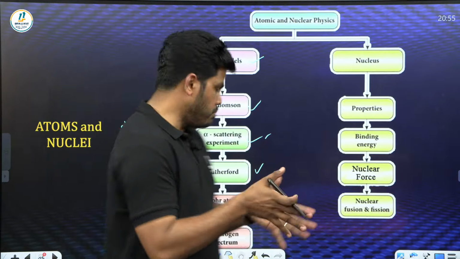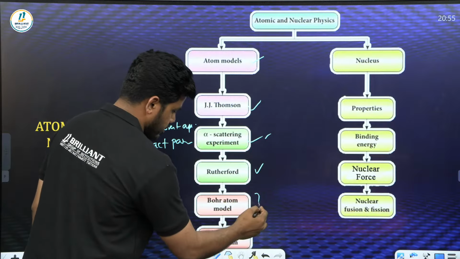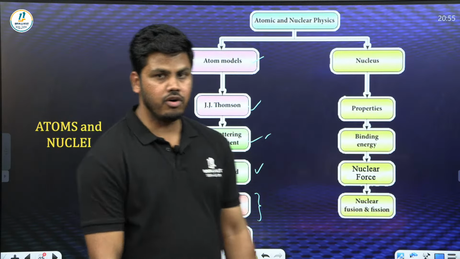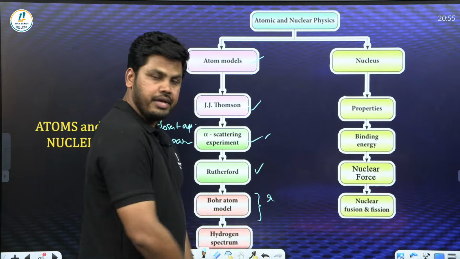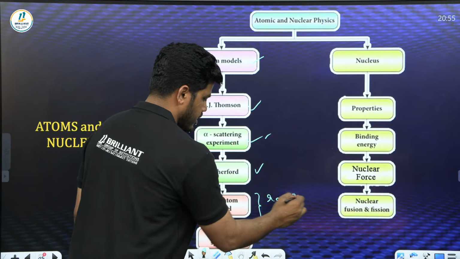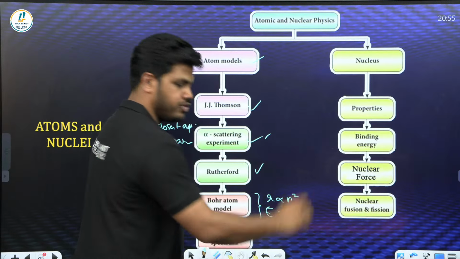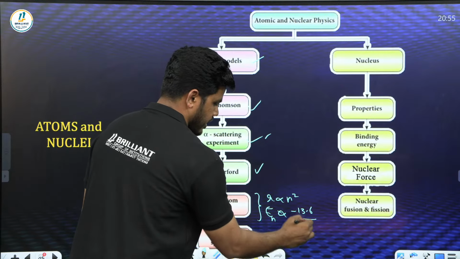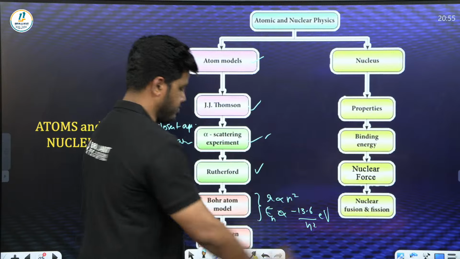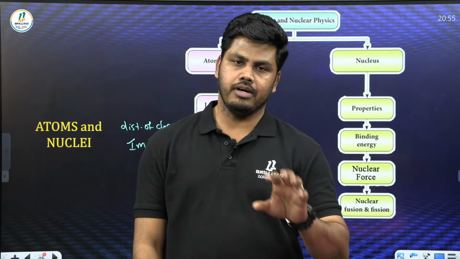Then the Rutherford atom model and its drawback. But we focused more on the Bohr atom model. The whole chapter was a detailed study of the Bohr atom model. We knew how to find radius, which was proportional to n square. Energy of nth energy level was proportional to minus 13.6 by n square, in electron volt. These equations we derived from the Bohr atom model.